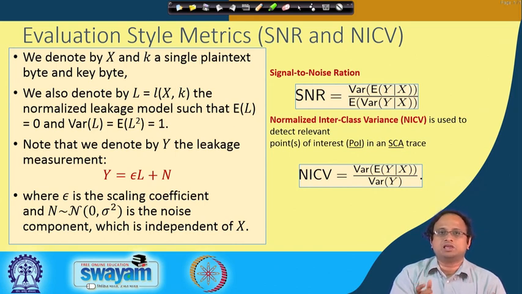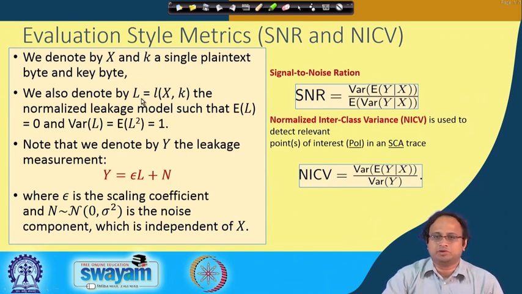So, the leakage is basically a function of x and k, denoted as the function L(x,k), and is denoted by this random variable capital L. Again, without loss of generality, we can assume that the mean of this is 0 and the variance of L, which is E[L^2], is equal to 1. So, we can essentially define a corresponding leakage such that these parameters are satisfied without loss of generality.